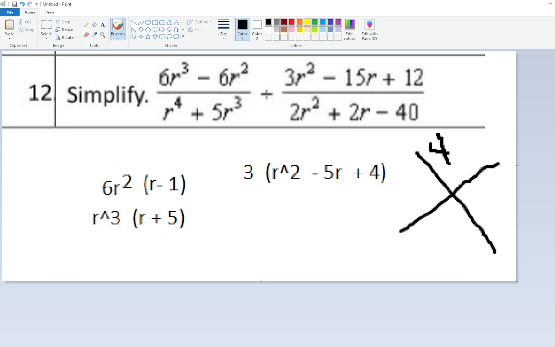The only one possible is 1 and 4, which adds up to 5. Because this is minus 5, and because this is positive, they must both be negative. So we end up with the factors minus 1 and minus 4.